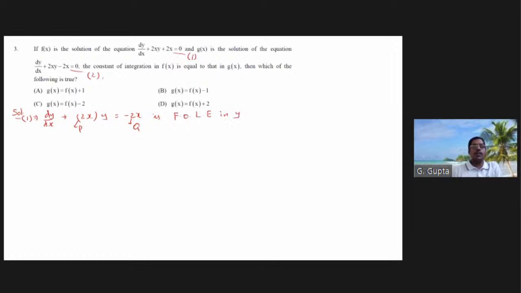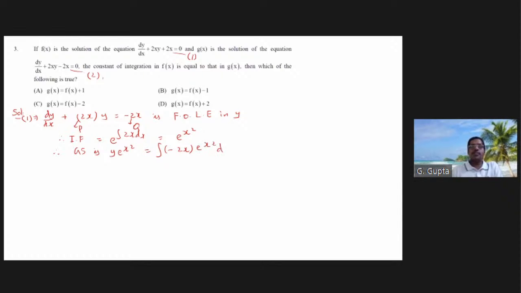So therefore IF, integrating factor, e power integral p dx, that is 2x dx, is nothing but e raised to x square. Therefore GS, the general solution, is y into IF, that is y times e raised to x square, is equal to integral q value, minus 2x into e raised to x square dx.